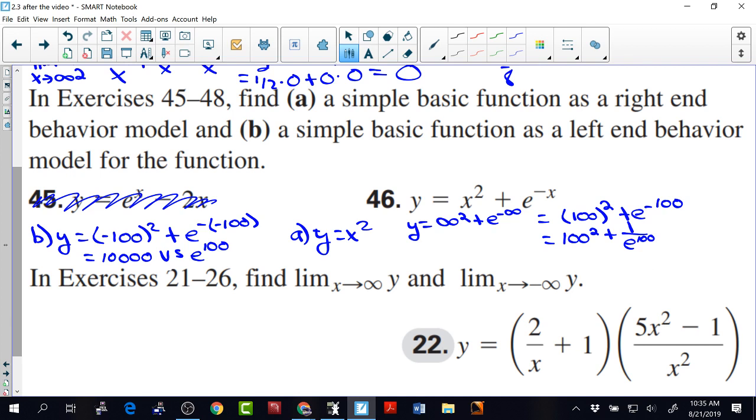You think 3 to 100 is going to be bigger than 10,000 or smaller? Bigger. Much bigger. It's going to be huge. So for this one, y is equal to e to the negative x dominates for b. When I'm writing these answers, we don't need any sort of limit statement. It's just the y equals. Technically it's probably a limit, but no, you don't need a limit statement for this.